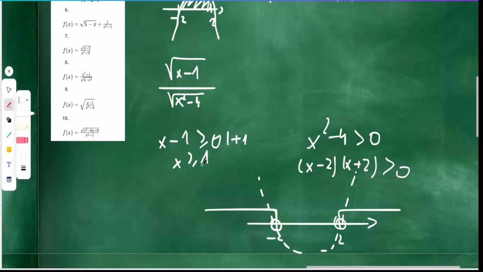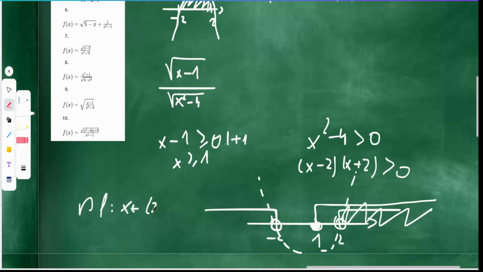So additionally, we know that x's have to be greater than or equal to 1. So we paint over and let it go in this direction. Then we are looking for the common part of this interval. So from minus infinity to minus 2, and from 2 to infinity, and the interval from 1 closed to infinity. This is this part of the graph, so the domain of this function is x's which belong from 2 to infinity.